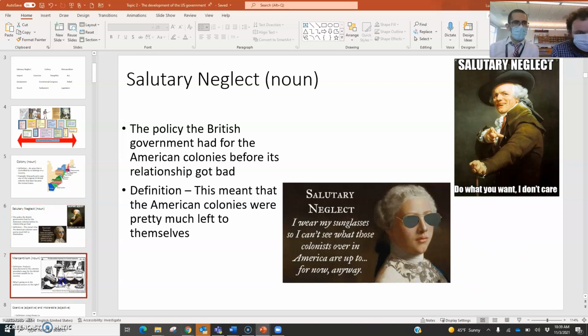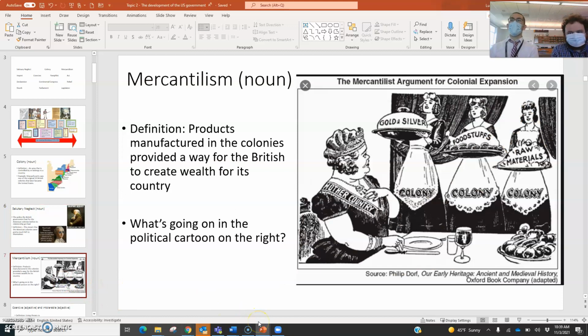All right, so next up we have what's called mercantilism. This is a particular term that we're going to see when it comes to the years leading up to the Revolutionary War era. In addition to that, this will pop up in some of your later social studies classes. So mercantilism is when products are manufactured in colonies.